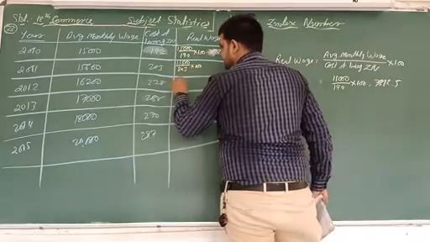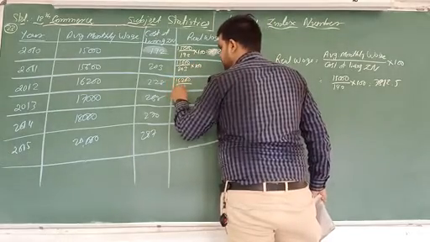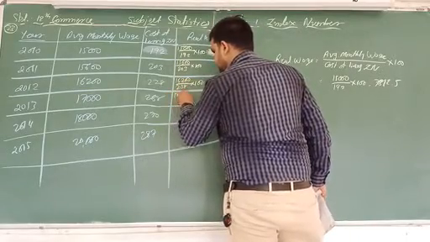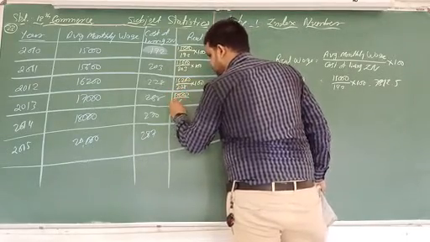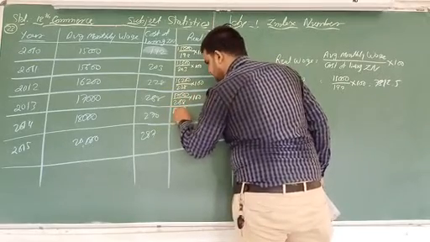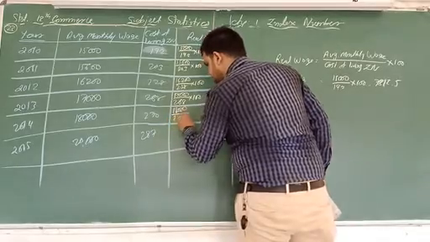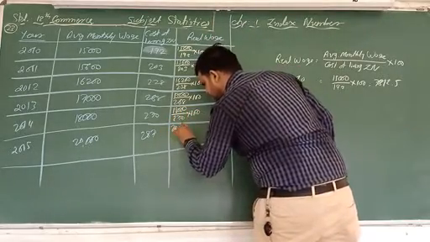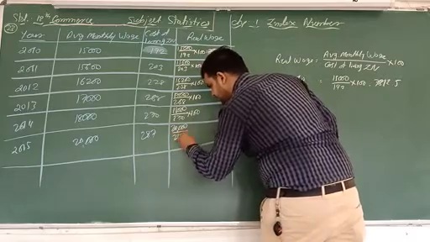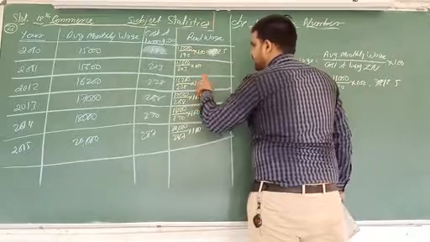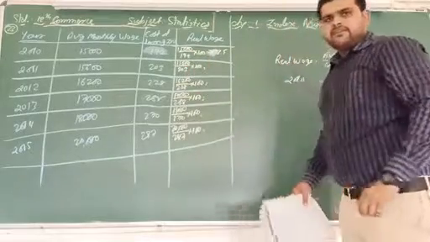Same here 16,200 divided by 228 multiplied by 100. Here 17,000 divided by 268 multiplied by 100. Here 18,000 divided by 270 multiplied by 100. Here 20,000 divided by 287 multiplied by 100. So with the help of calculator we have to find out.